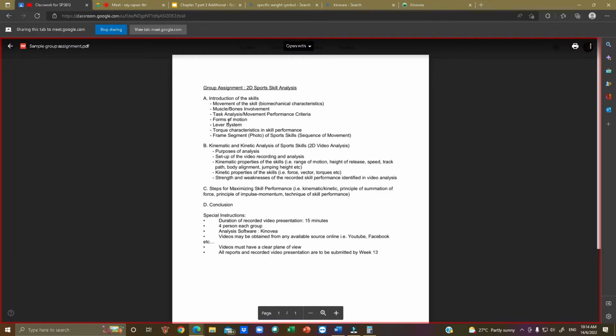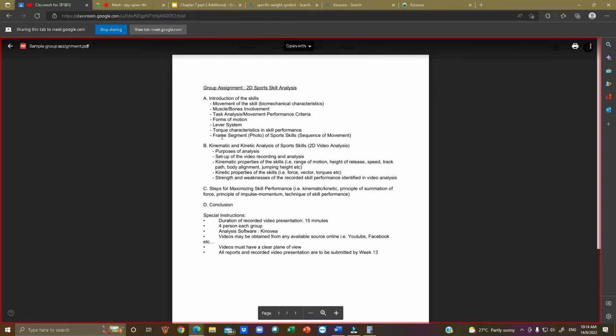Okay, and towards the end of the first section, in your presentation you need to have video lah, but in your report you may have a segmented frame of action. So daripada dia punya setup sampailah dia punya follow through. That will be the first part.